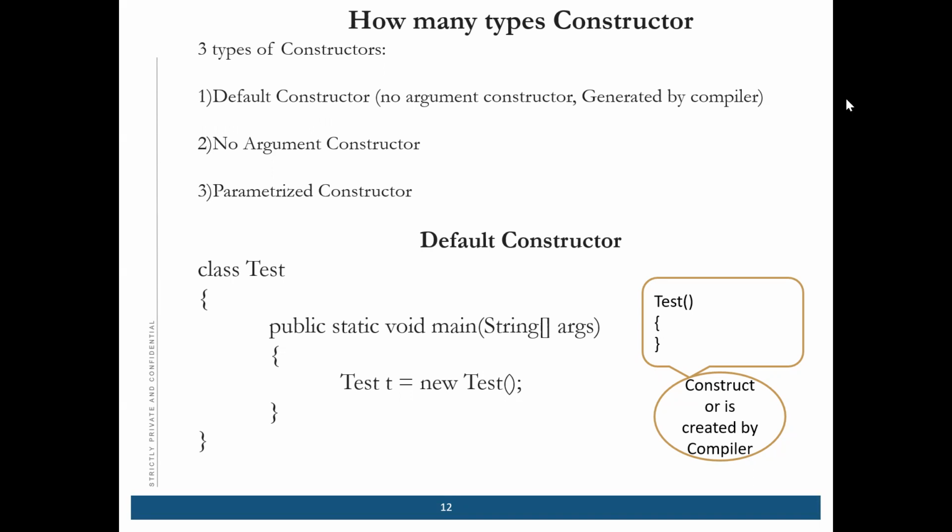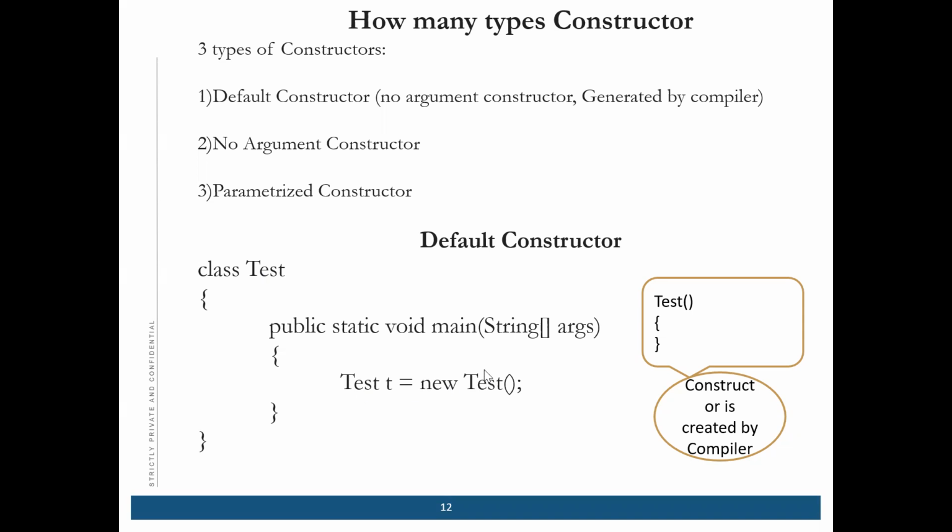First we will learn what is default constructor. Default constructor is what, when we create this object. I hope we all are clear about this line, right? I'm assuming, I'm not repeating again and again, how we create an object: class name, object equal to new, and then constructor of the same class name.